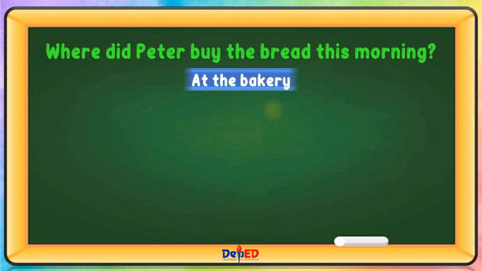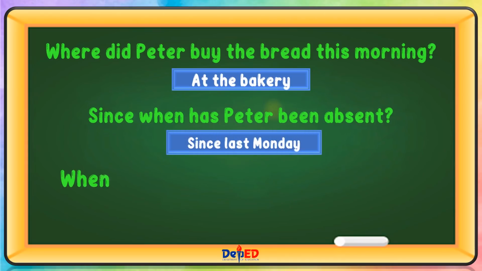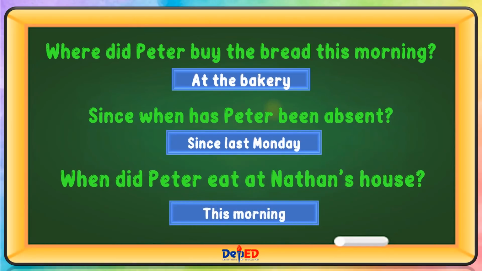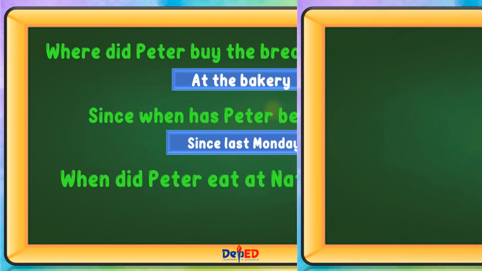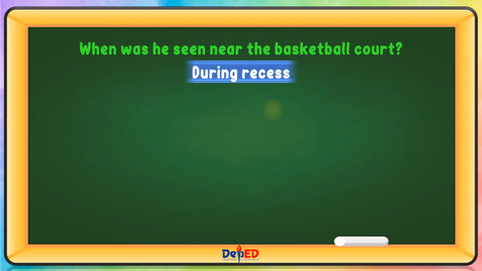At the bakery. Since when has Peter been absent? Since last Monday. When did Peter eat at Nathan's house? This morning. When was he seen near the basketball court? During recess.